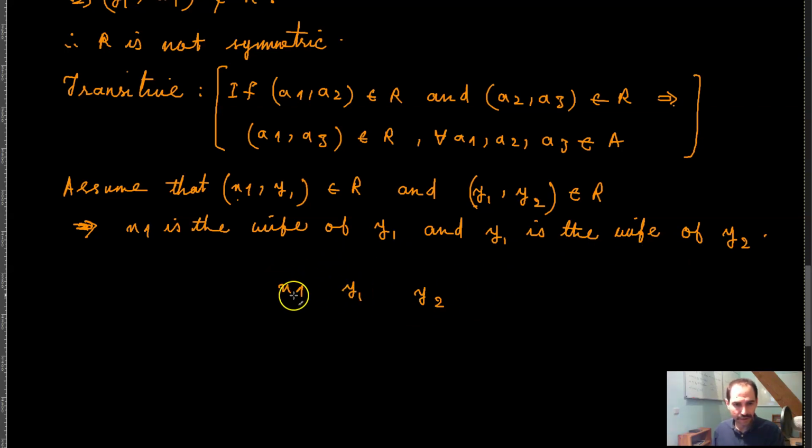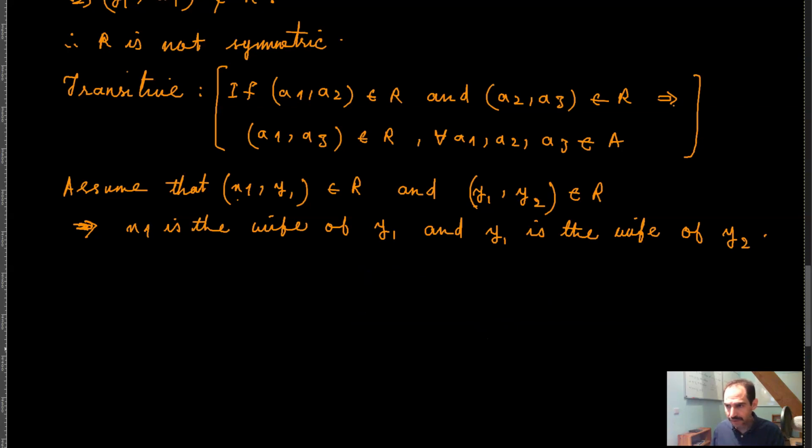If x1 is the wife of y1, then y1 is a man. But if y1 is the wife of y2, then y1 is a woman, and y1 cannot be a man and a woman at the same time.